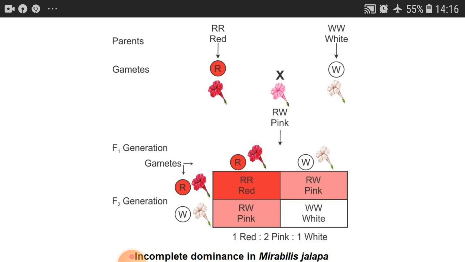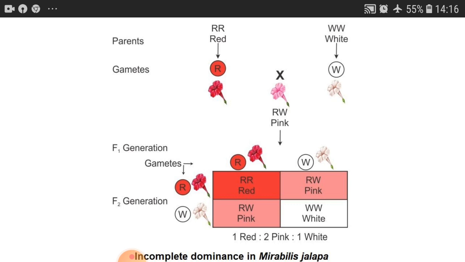So we'll take one example, the 4 o'clock plant, Mirabilis jalapa. So this is a cross between a plant pure for red flowers, you see the color here, and a plant pure for white flowers.